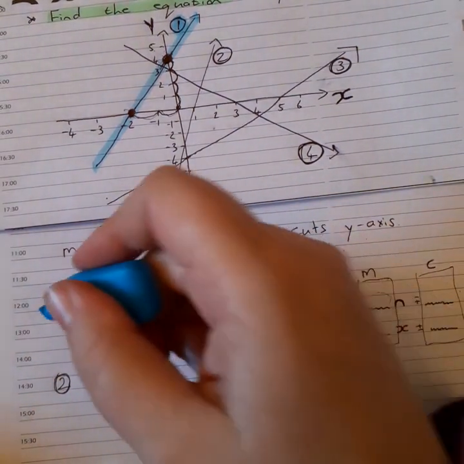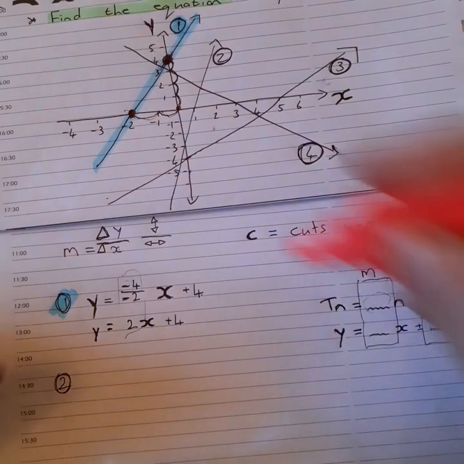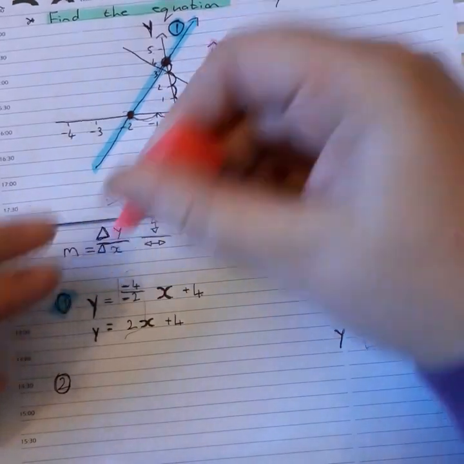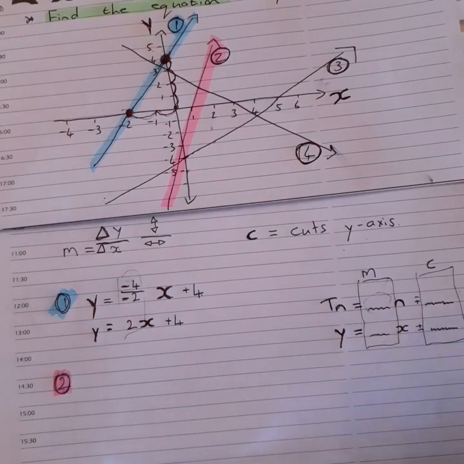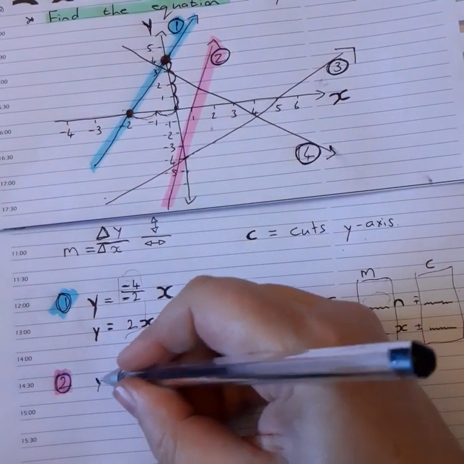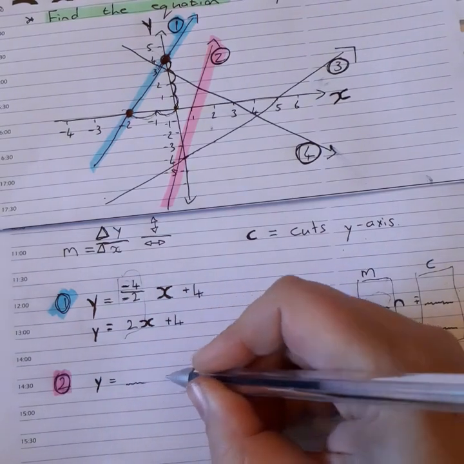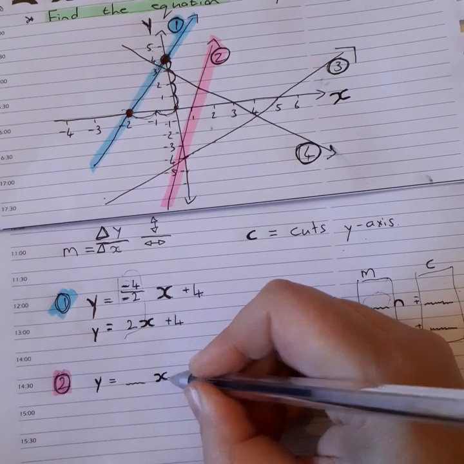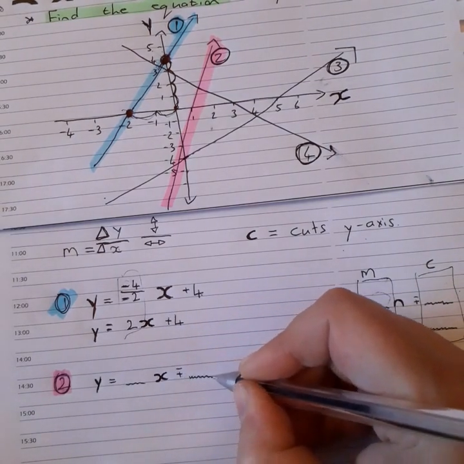Okay, so hierdie was 1, dit was die blaue. So kom ons kyk na nommer 2, ons maak hom sommer pink. So we're looking for this one. Okay. Hier het ons, we always have a y equals something x plus or minus something.